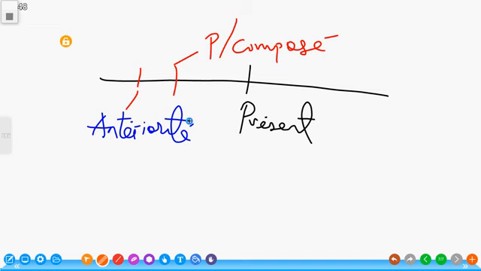It means that when two actions happen in the past, one of them must have happened before the other one.